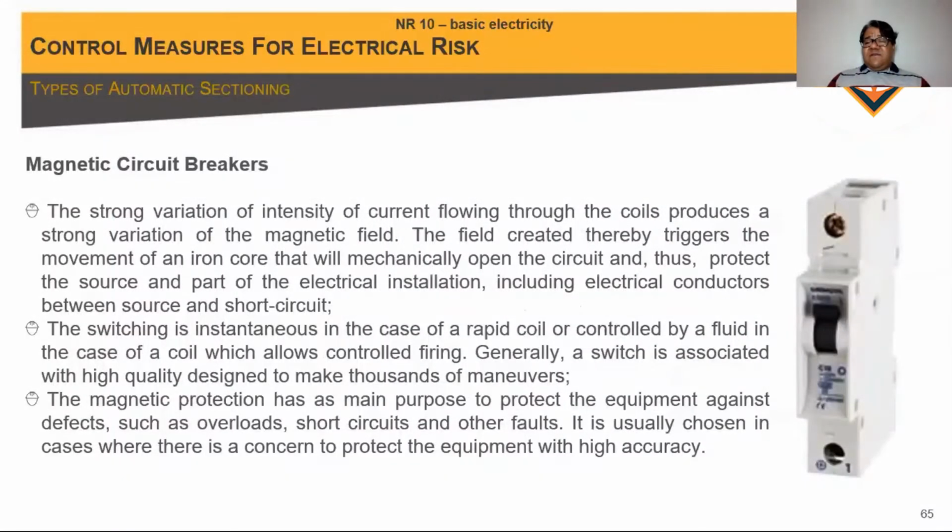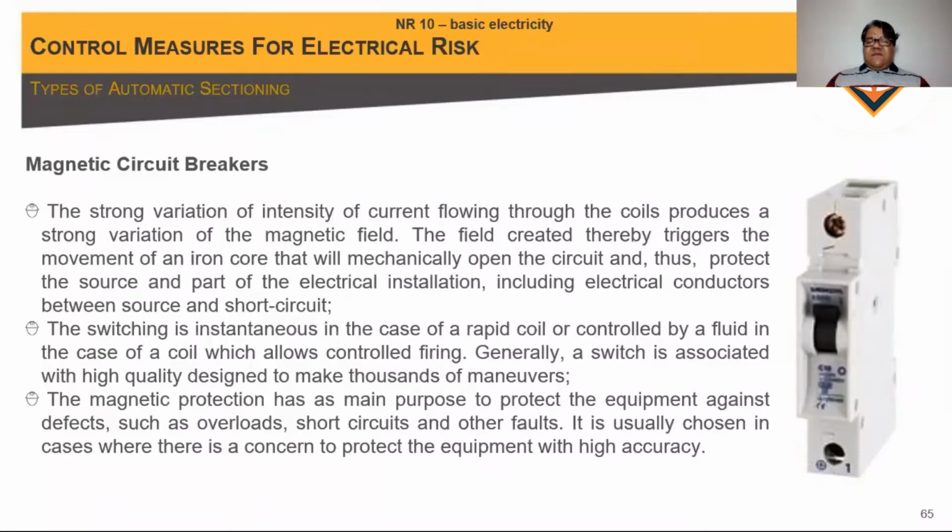The magnetic circuit breaker. The strong variation of intensity of current flowing through the coils produces a strong variation of the magnetic field. The field created thereby triggers the movement of an iron core that will mechanically open the circuit and thus protect the source and part of the electrical installation, including electrical conductors between source and short circuit.